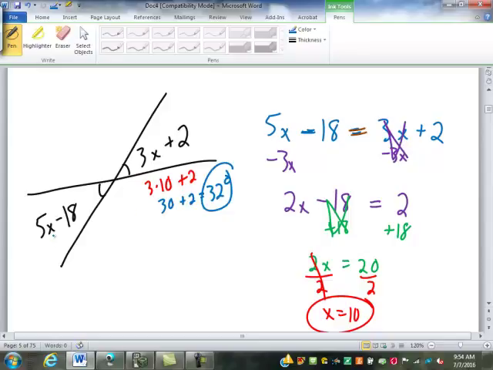Now we know this one has to be the same, but I'm uptight, so I'm going to double check by making sure that it comes out to be the same. So 5x becomes 5 times 10 minus 18. 5 times 10 is 50, minus 18 is 32. So they come out to be the same. The angle is 32 degrees.